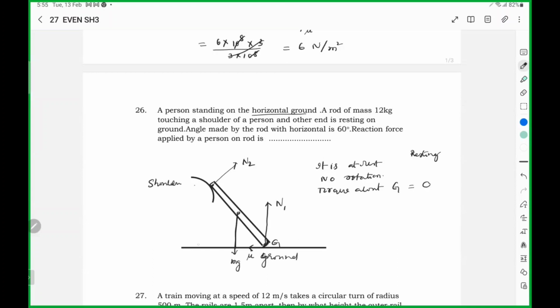Here, the frictional force and the normal reaction are passing through G, hence no torque about G.